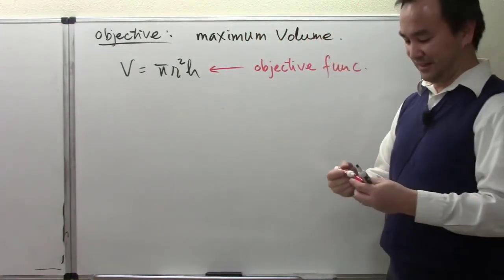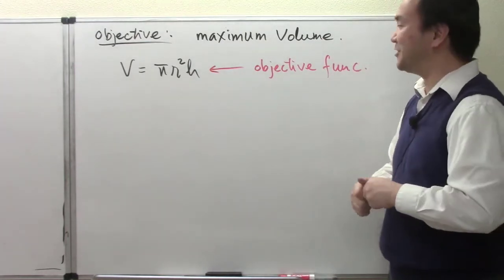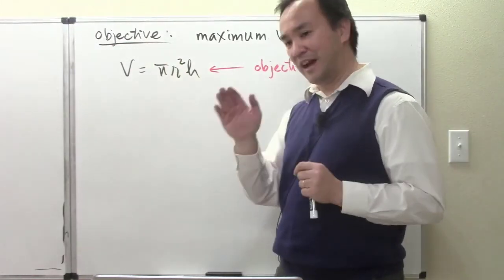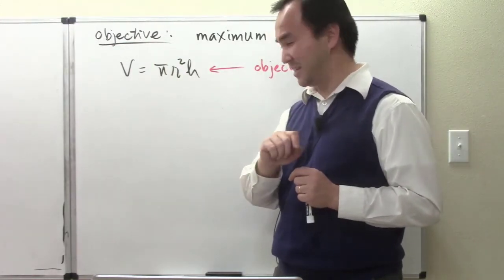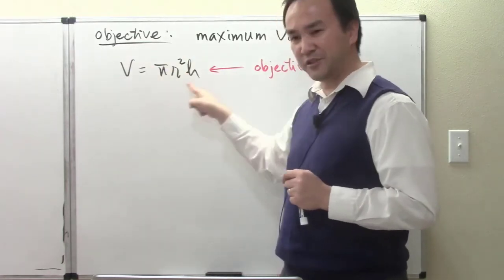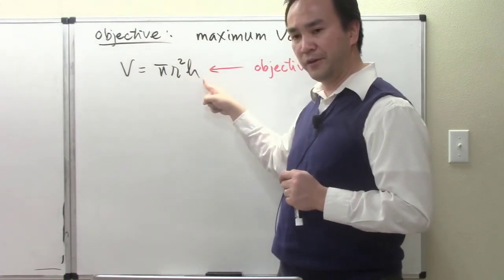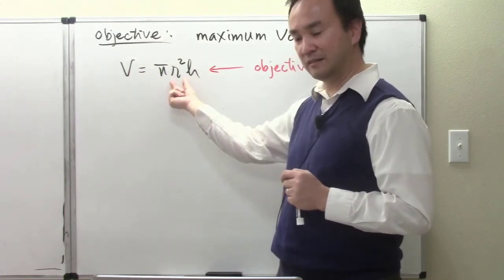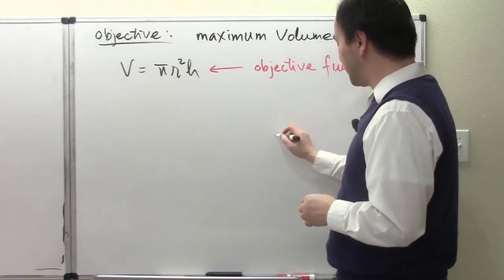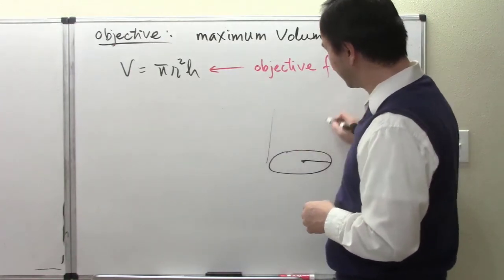All right, and so now let's dive back and look further into the description of the problem to get ready for the next step. Now we're going to identify the constraints, because look at what's challenging about our objective function. Our objective function involves two variables. Remember in that cylinder that I already erased, you've got a base being a circle, and your height.